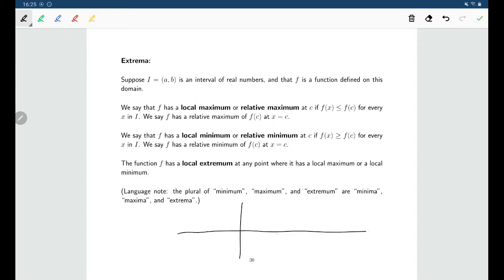That would be something where on our interval, it happens to have the smallest y value of all the y values in that interval. So a local extremum, that's any local minimum or local maximum. These two words mean the same thing, local and relative. They both are referring to largest values within their little interval or smallest value within their little interval.